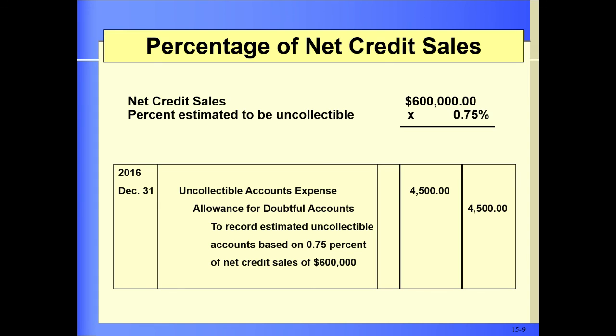So we take our net credit sales, we multiply it times the percentage that we estimate, and then we do the entry for the full amount into uncollectible accounts expense and allowance for doubtful accounts. We're not going to be concerned at all about whether there was a balance, debit or credit, in the allowance for doubtful accounts.